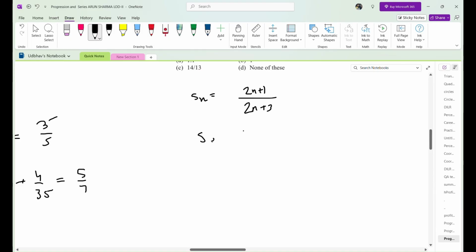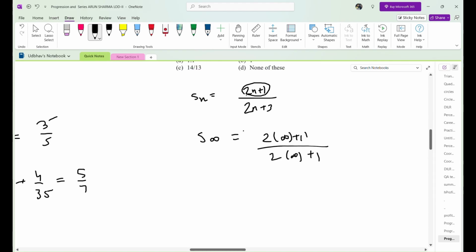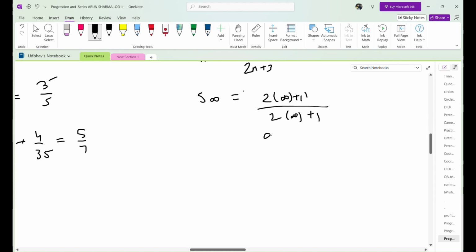So if we put infinity here, 2 into infinity plus 1 upon 2 into infinity plus 3. Or we can assume this number as a, and we can write this as a upon a plus 2.